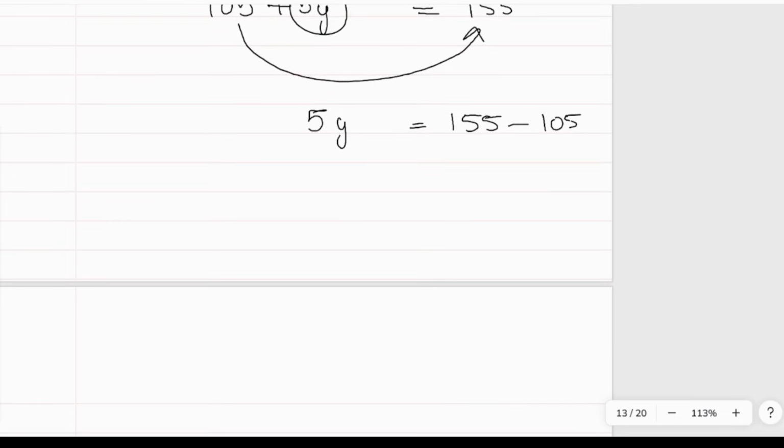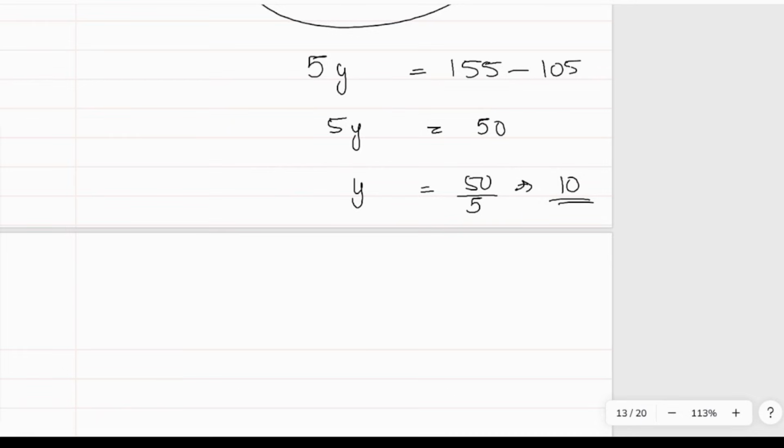And 155 minus 105 means how much? It is equal to 50, right? So 5y equal to 50. Therefore, y is going to be 50 divided by 5, which is equal to 10. So we got our y: y equal to 10.